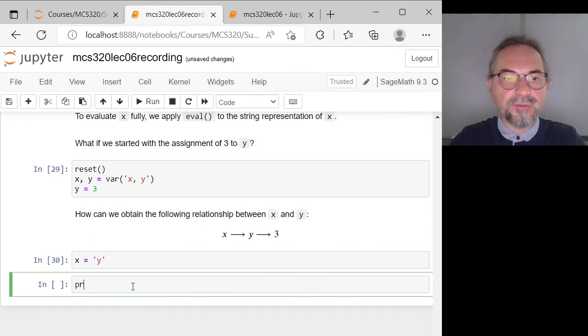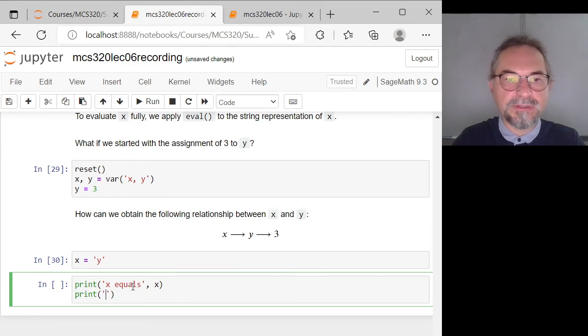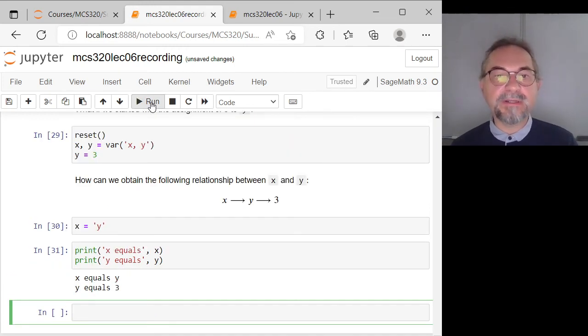So if I do now what is x equals, and what is y equals. Then you see that I have that x refers to y and y refers to 3. So the word equals now is actually not good.